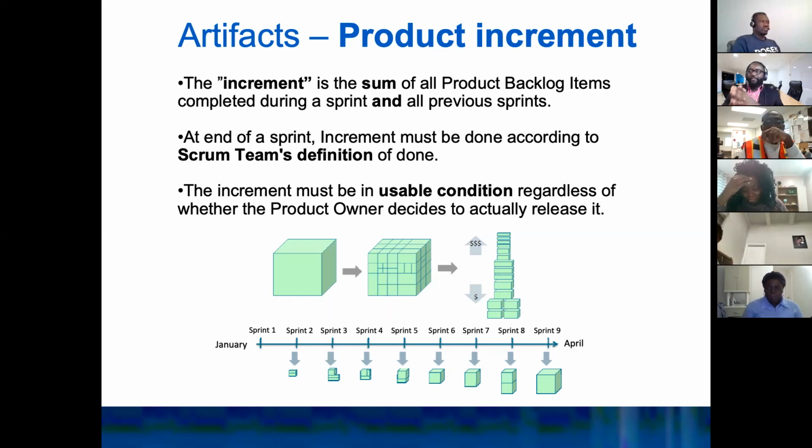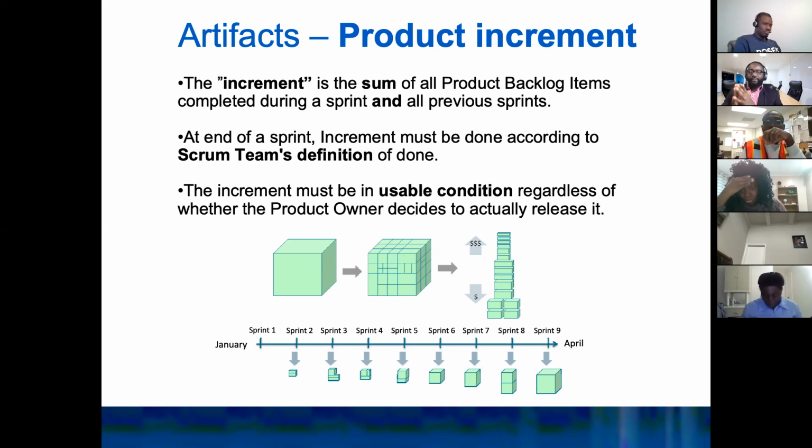That's what the product increment is. Okay, so at the end of the sprint, the increment must be done according to the Scrum team definition of done. Okay, I was telling you that we're going to talk about the definition of done a couple of slides down. I'm going to show you a slide where we talk about it in detail, but again, just to give you a high level definition, it is the list of criteria that a user story or a product increment needs to fulfill for that product increment to be deemed as done.